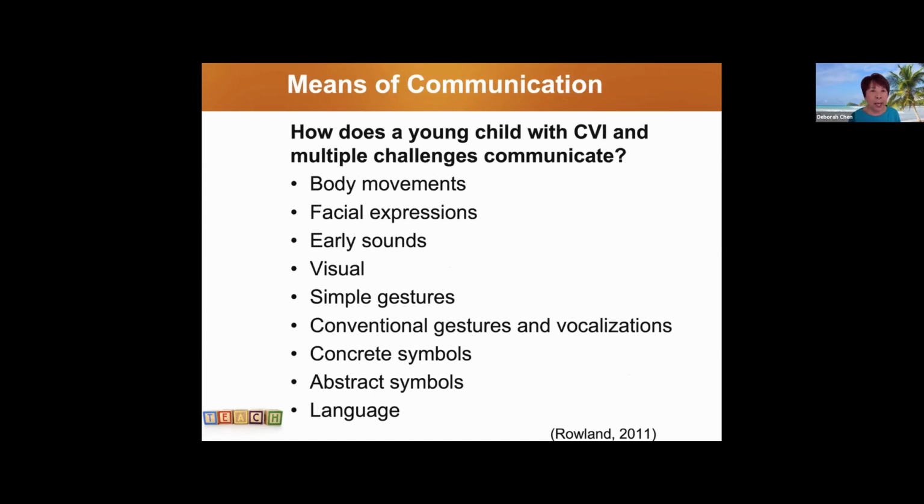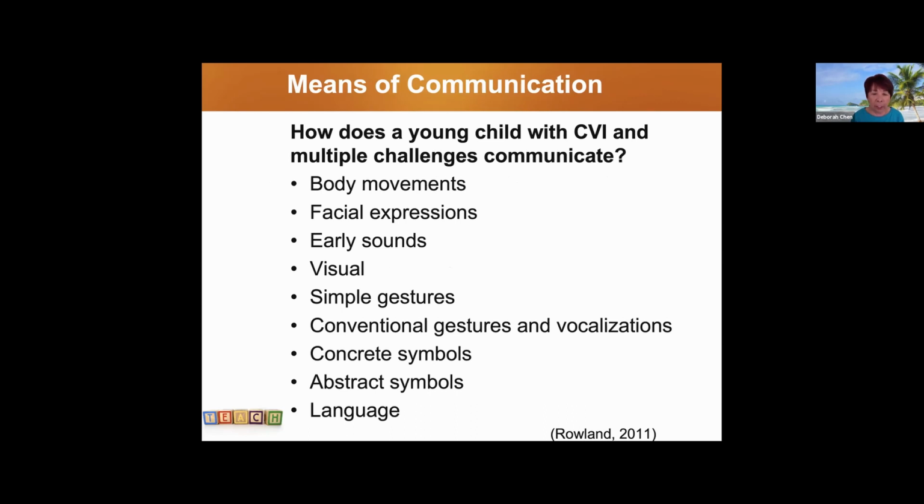So let's think about how a child with CVI and multiple challenges communicates. Does the child communicate through body movements, tensing the body, moving the arms or legs, through facial expressions, grimacing, frowning, smiling, or through early sounds, grunts, babbles, coos?